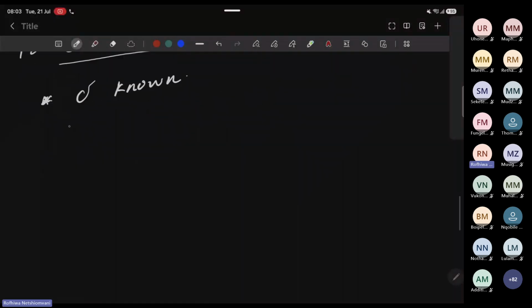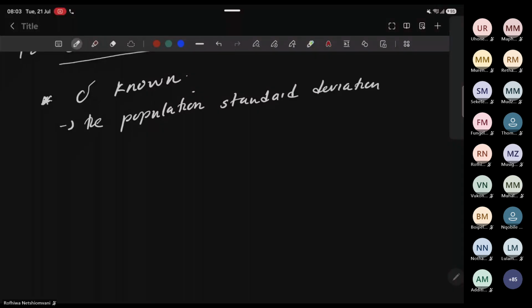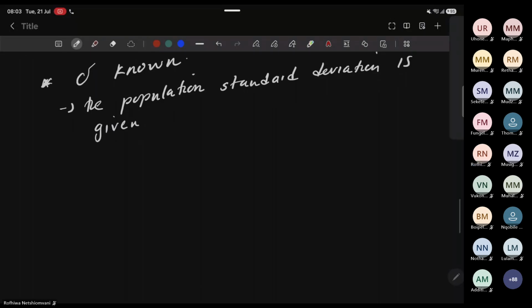Then the question will be, what does it mean when we say sigma is known? It means that the population standard deviation is given. That's what it means.